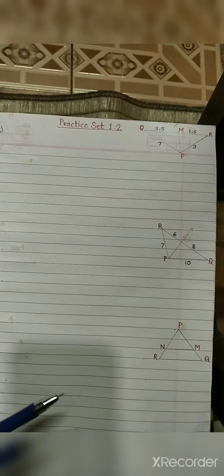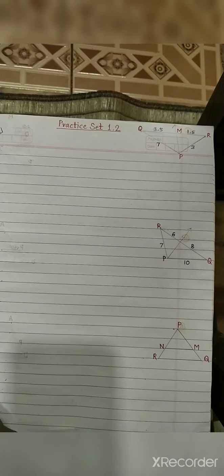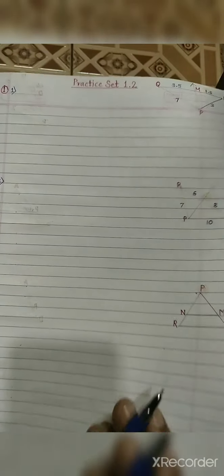So in practice set 1.2, example number 1, then example number 3, then example number 5, 7, 9 and 10, 11, these examples are reduced from our syllabus. So now we are starting with example number 2.